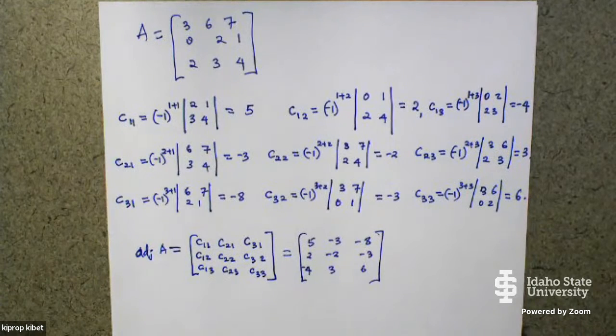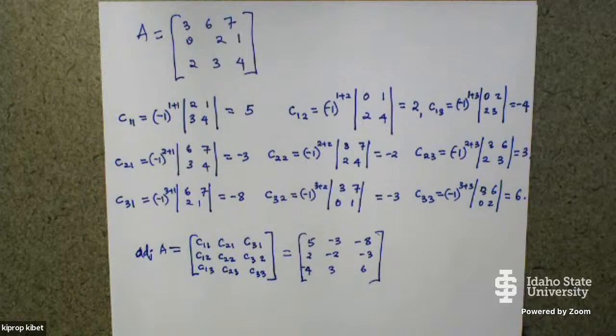So that is how to get the adjoint. So you take this one to be the first row, this the second row. Okay. So you can arrange it like this. C11 first entry, C21. This one the first row, this one the second row. Any question up to that?